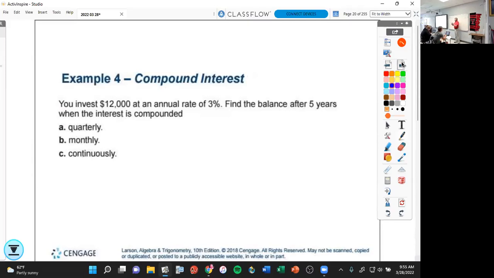What is T? 5. What is R? 0.03. Don't miss it because of that. Interest rate is per cent, per 100, so 3 per 100 is 0.03. So this is just plugging those numbers into 2 different formulas.